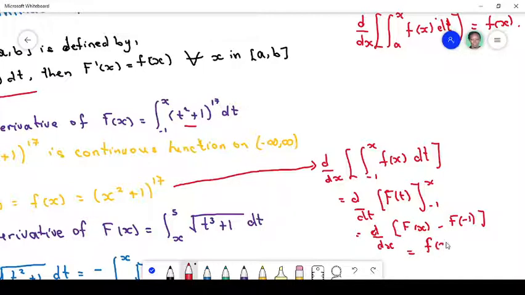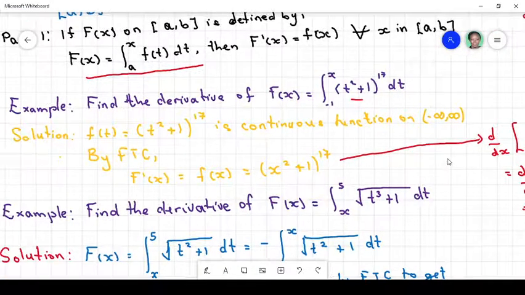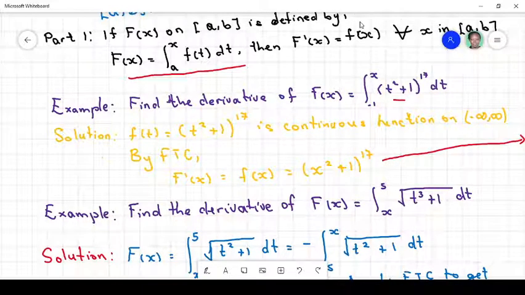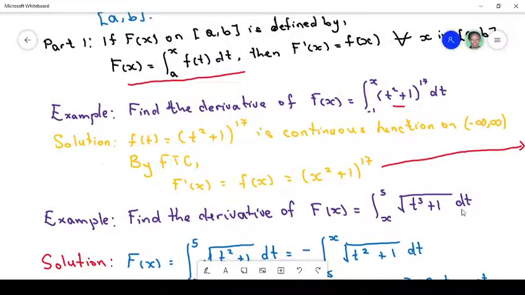Because don't forget, we said the derivative of this is equal to that. So this is giving you f of x. Because it's giving us f of x, from our definition here, we said the derivative of this is equal to that.